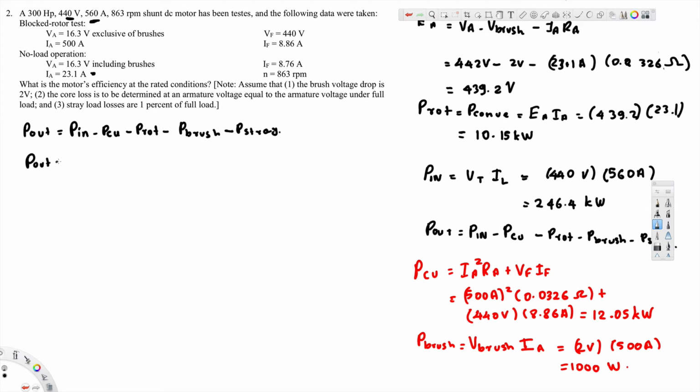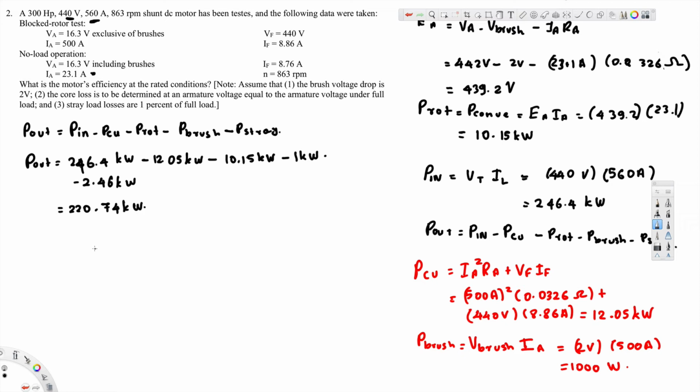P out is equal to 246.4 kilowatts minus 12.05 kilowatts minus 10.15 kilowatts minus 1 kilowatt minus 2.46 kilowatts, and that gives us 220.74 kilowatts.